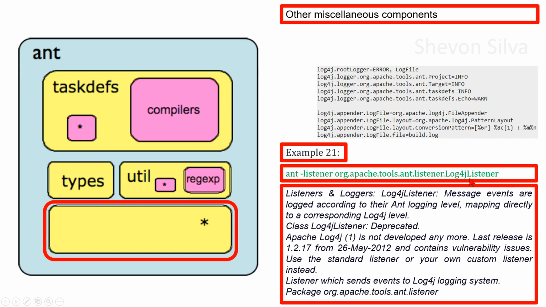Apache log4j is not developed anymore. The last release is 1.2.17 from 26 May 2012 and contains vulnerability issues. Use the standard listener or your own custom listener instead. This listener sends events to the log4j logging system. This is in the package org.apache.tools.ant.listener.